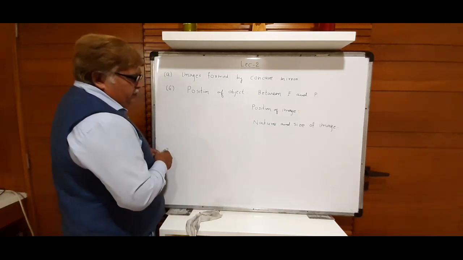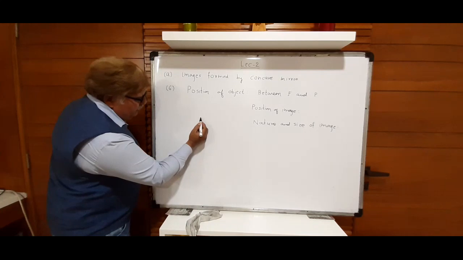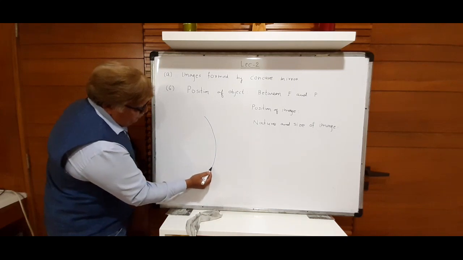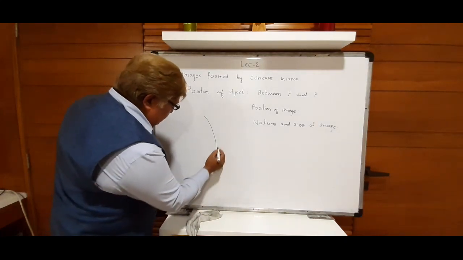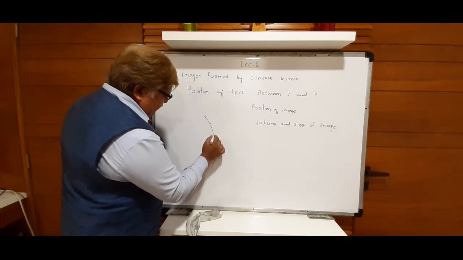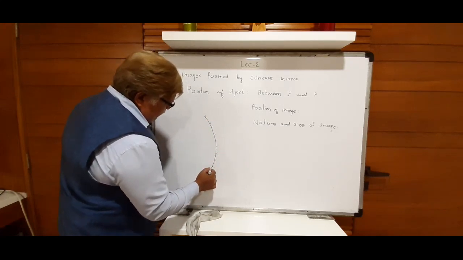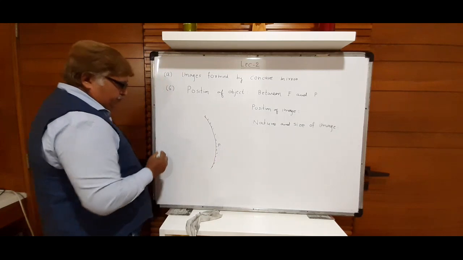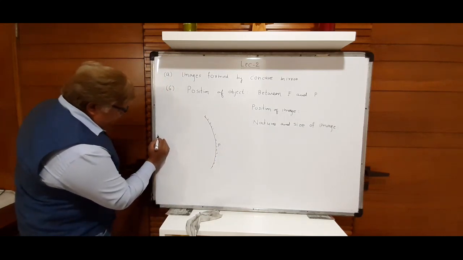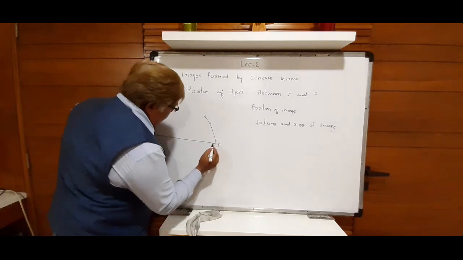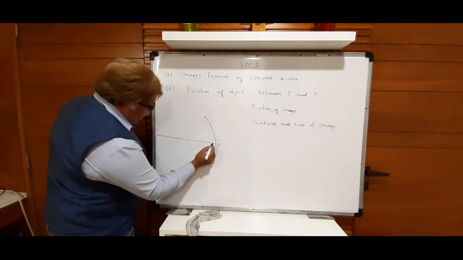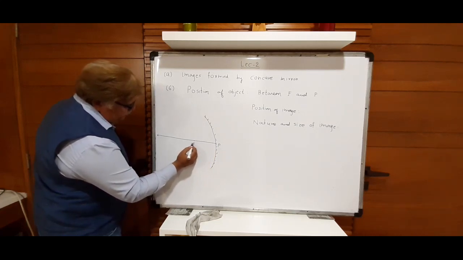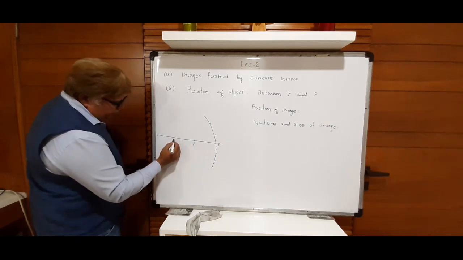First, the concave mirror, then the dotted lines, then the pole, that is P, then the principal axis, then F, that is focus, as you know, and then the center of curvature.